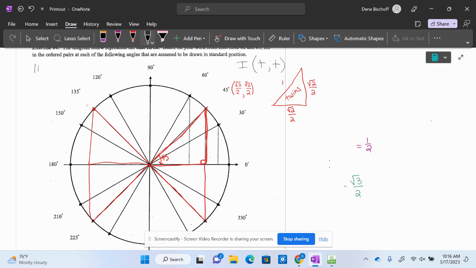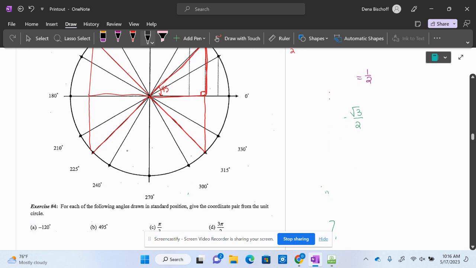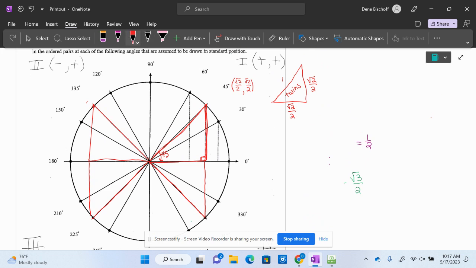And I know that my x coordinate is negative but my y is still positive in quadrant 2. In quadrant 3, x and y are both negative. And in quadrant 4, x is positive and y is negative. So if this triangle is just being reflected, the numbers don't change, just the sign.